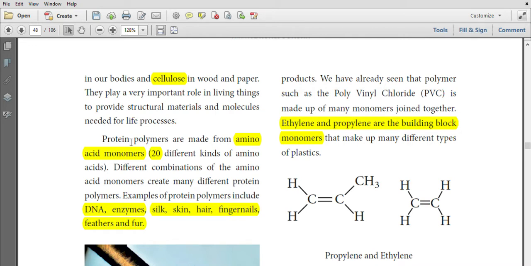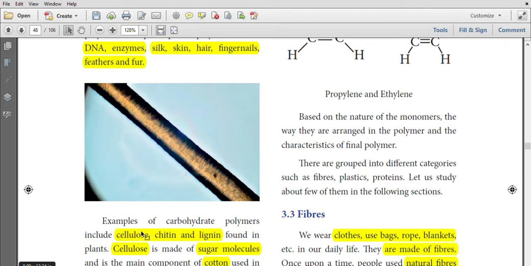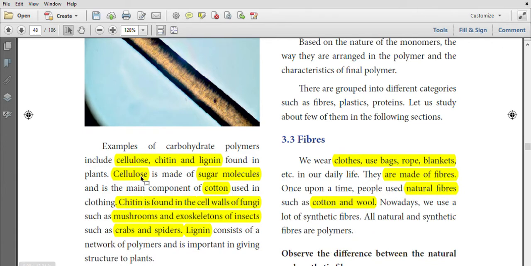The protein polymers are DNA, enzymes, silk, skin, hair, fingernails, feather and fur are natural protein polymers. Carbohydrate polymers are cellulose, chitin, lignin.